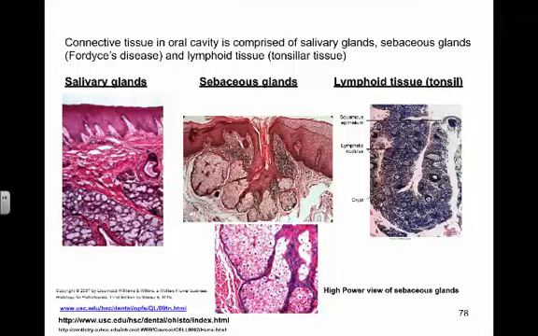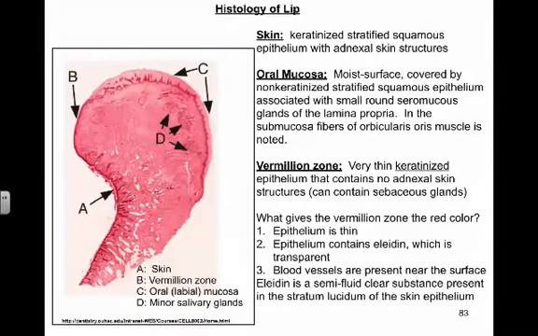So here are some salivary glands. Here you see the sebaceous glands going to the surface. So the lips are keratinized, stratified squamous epithelium, right over here. The oral mucosa is moist, non-keratinized.